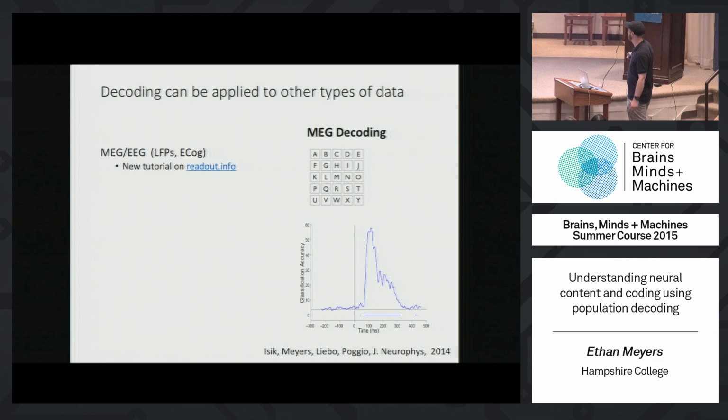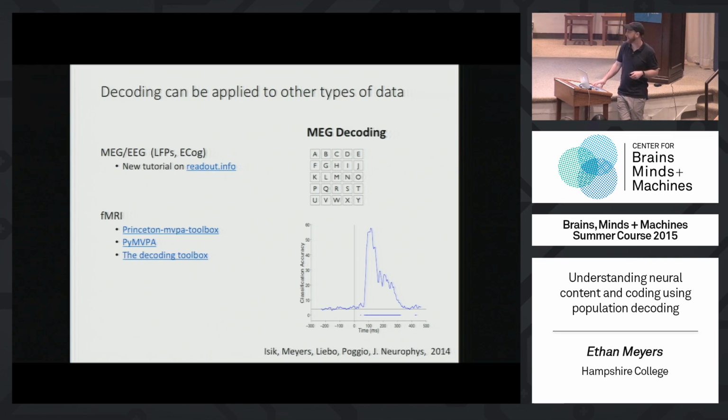And then at the time slightly after the stimulus is shown, you can decode quite well, okay? And things are above chance. And then she went on to examine position invariance in different parts of the brain and the timing of that. So you can check out that paper as well.